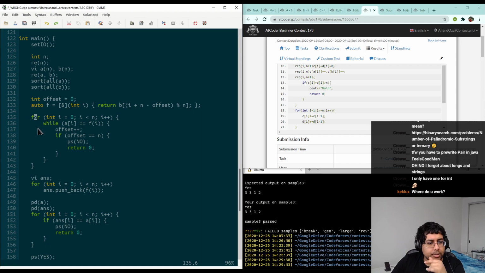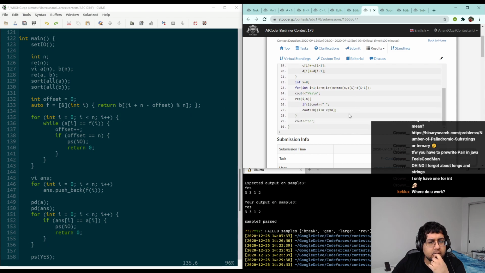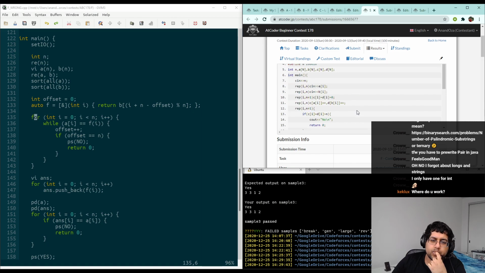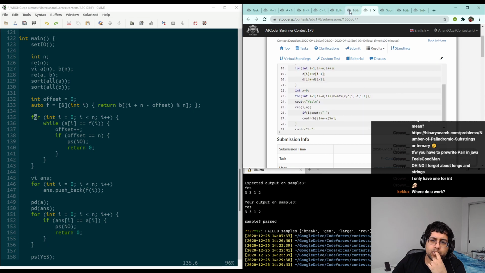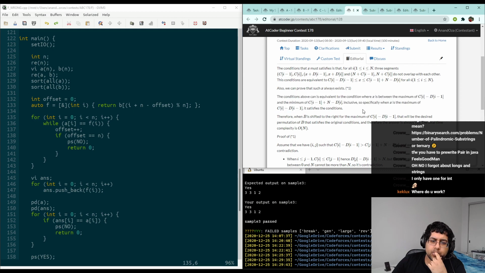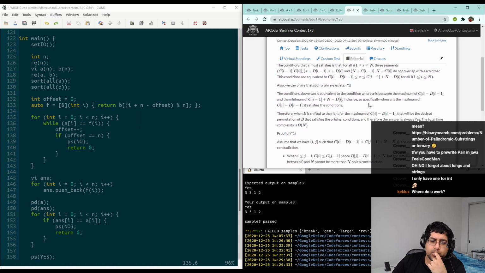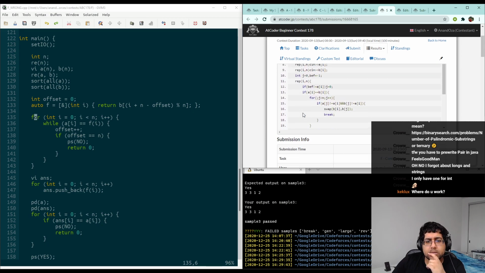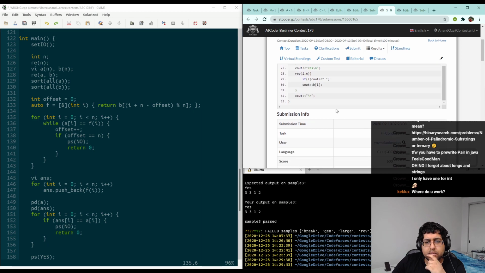Like if I shift my stuff to the right, then what is this, a greedy solution? I guess this is kind of similar to what we did, but it doesn't explain it.